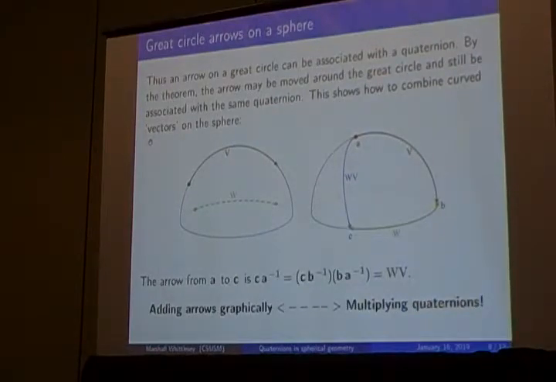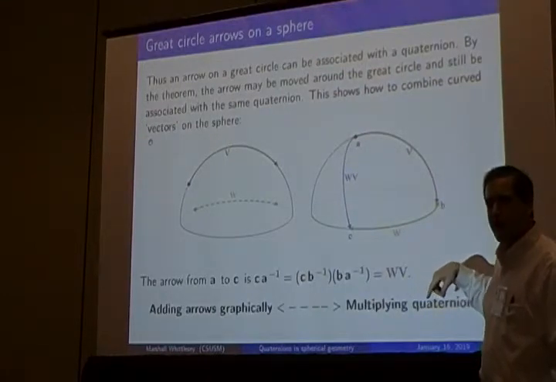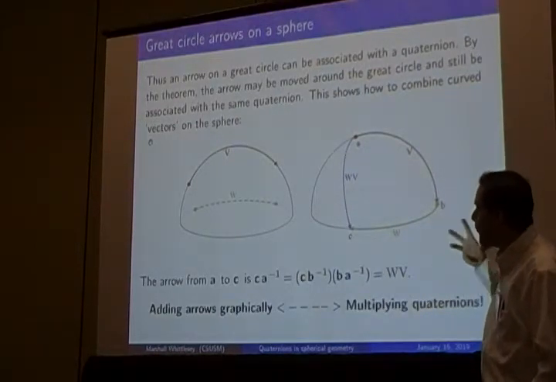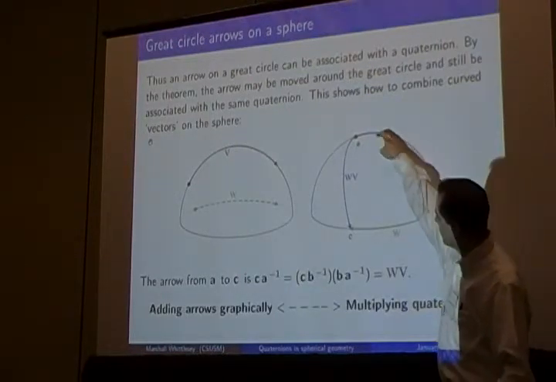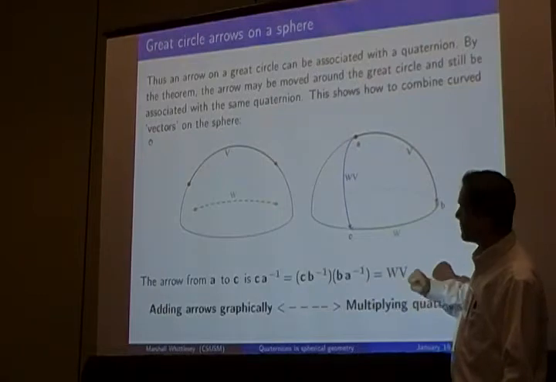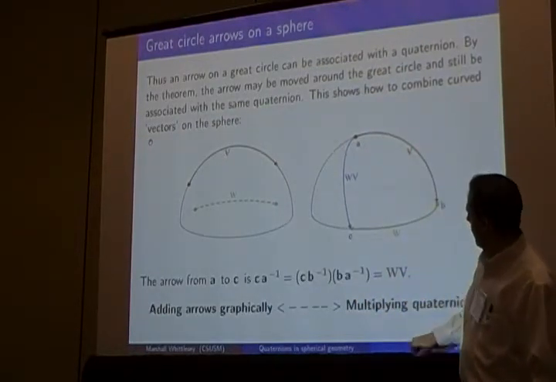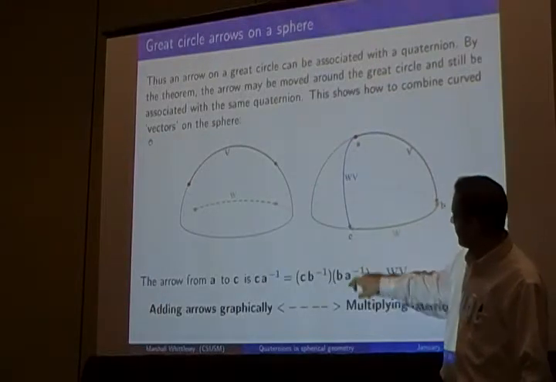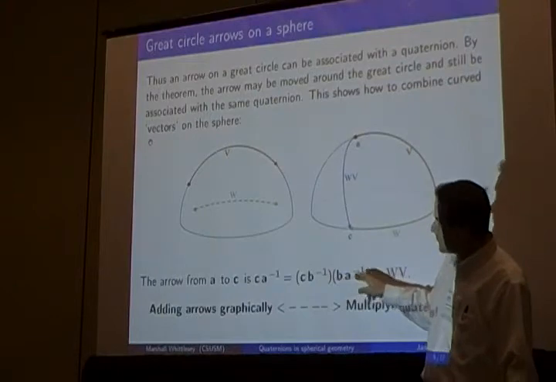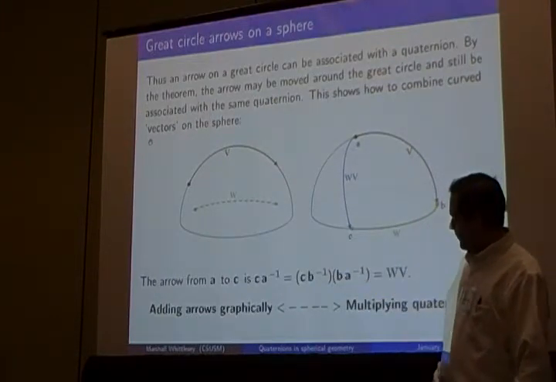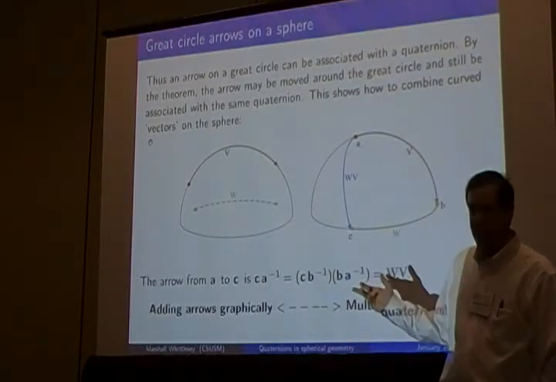Now, what's really great about that is not just the fact that you can draw this picture and you get the geometry of adding heads to tails, but it matches up with the quaternion algebra. The fact is this red vector is the quaternion associated with BA inverse, quaternion B, and the quaternion associated with going from B to C is CB inverse, that's W. The product of those, because the quaternion algebra is associative, has B inverse B canceling out to give us CA inverse.